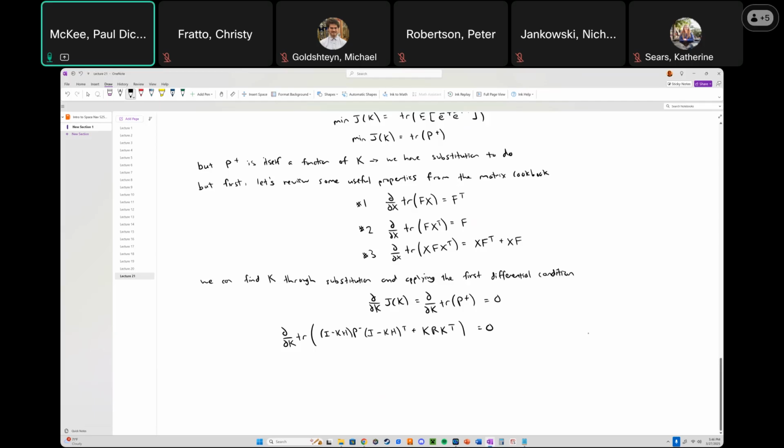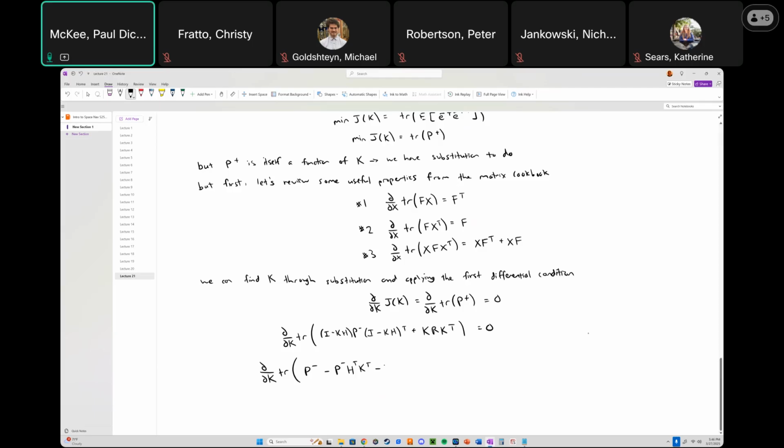So this is going to be the derivative with respect to k of the trace of, okay, let's walk together. I times P minus times I is just going to be P minus. Okay, and then we've got our inner term. This is going to be minus P minus H transpose K transpose, right? Because remember, the (KH) transpose is really H transpose K transpose when you distribute.